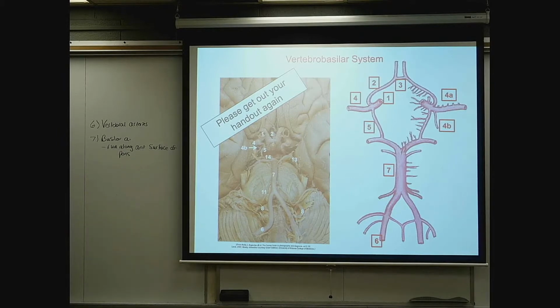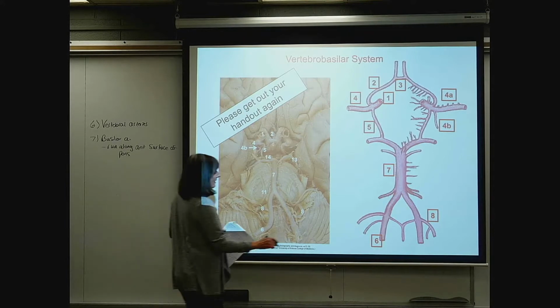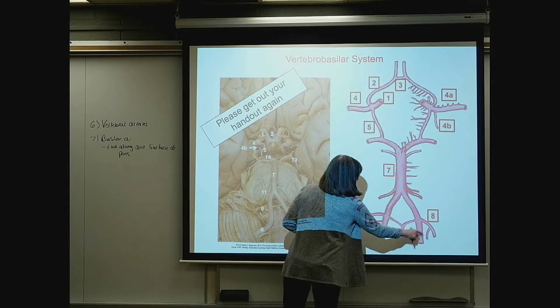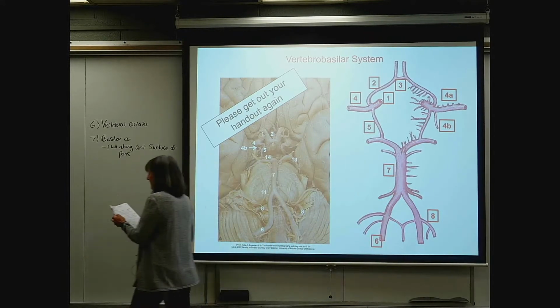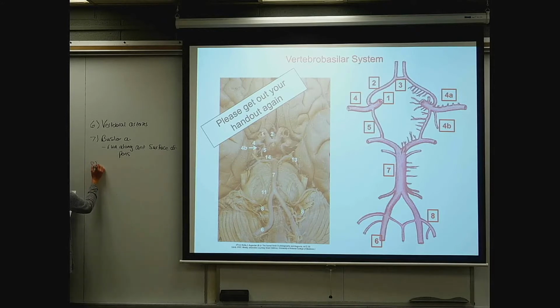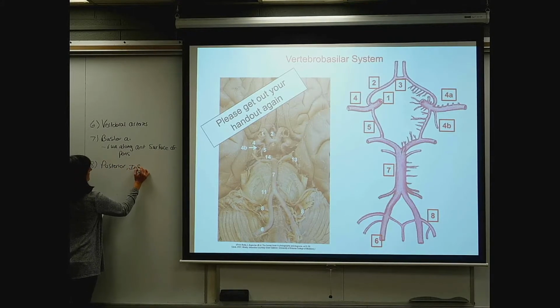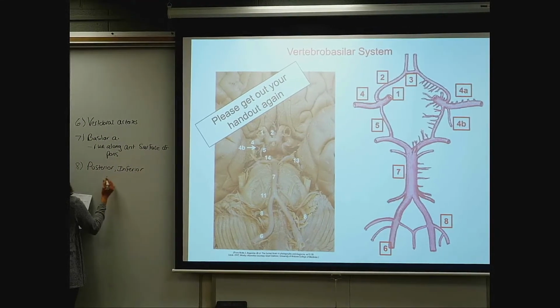So the next thing we have is number 8. So these are arteries that are coming off of those vertebral arteries. And this is called the posterior inferior cerebellar artery.